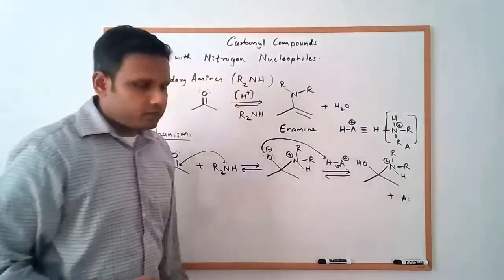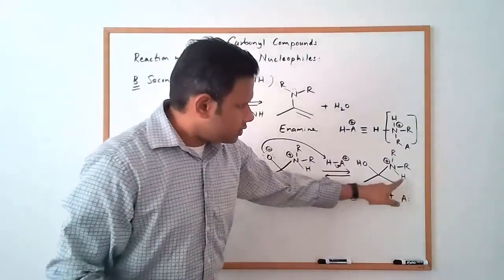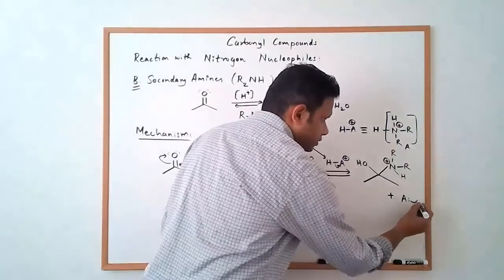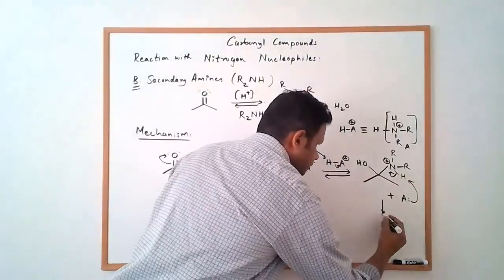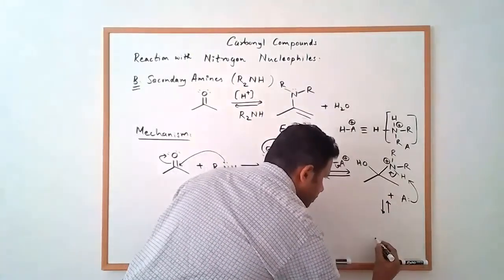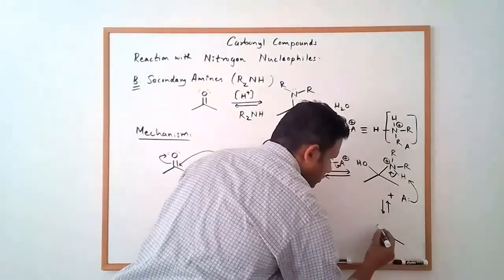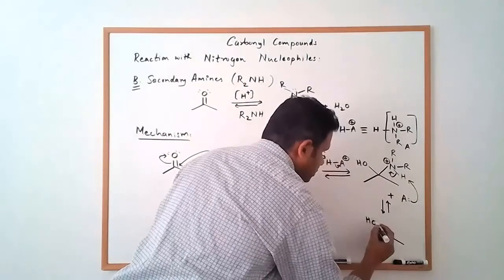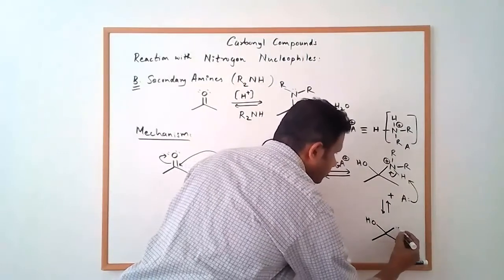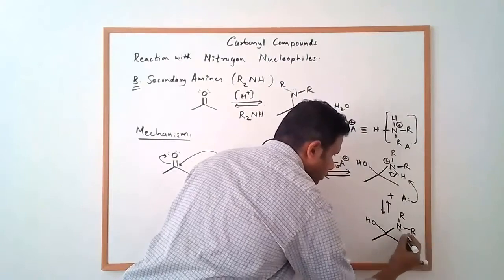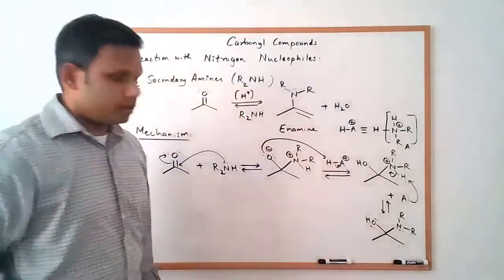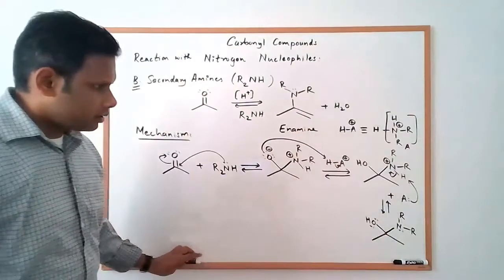Now, very similar to what we did previously, at this point, the conjugate base can deprotonate the species. Bring us to a hydroxyl group. The nitrogen lone pair on that, okay?